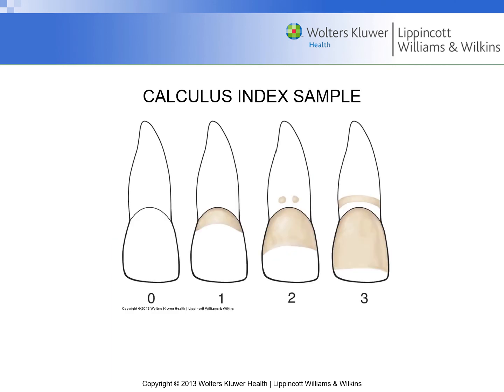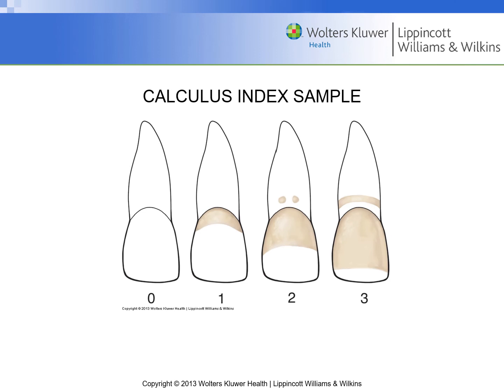This would be a calculus index sample. They will use these as their barometer. So if a tooth doesn't have any calculus, it would be 0 if it's up by the gum line. If it's on at least half of the tooth, half of the facial, and underneath there's little spicules, it would be a 2.